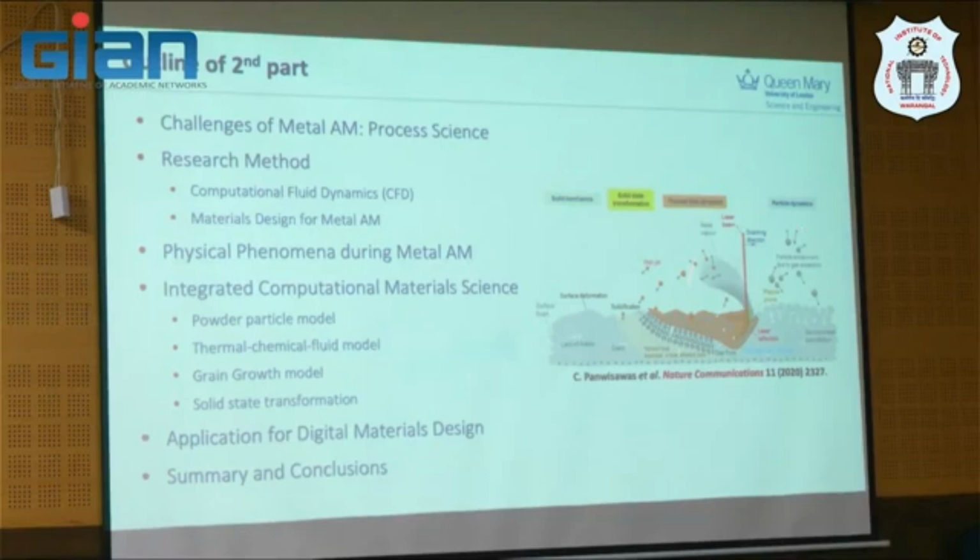We have thermal fluid, which is all those 20 equations I showed you. And we may have some solid-state transformation. We may have another thermodynamics equation, a long set of that, for the solid-solid transformation. What I showed you previously is the solid-liquid-vapor transition, and this is a solid-solid transition.